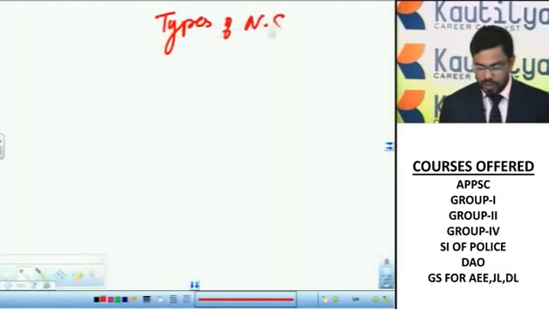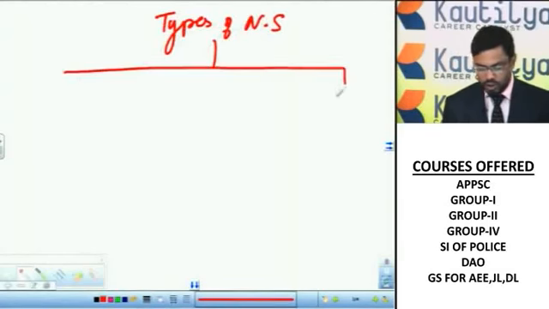Let us discuss the types of nervous system. The nervous system is mainly divided into 3 categories.